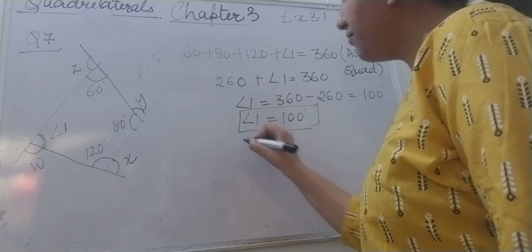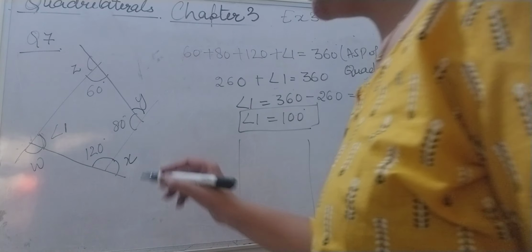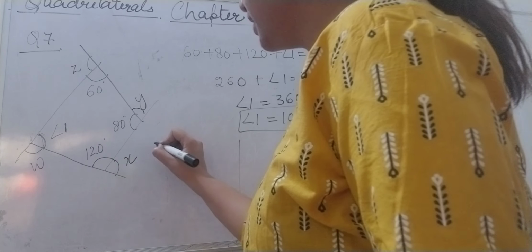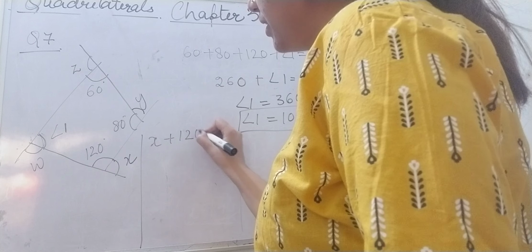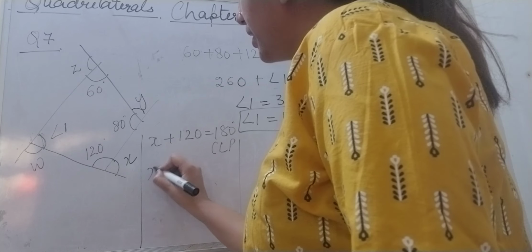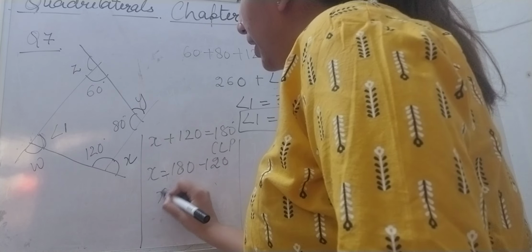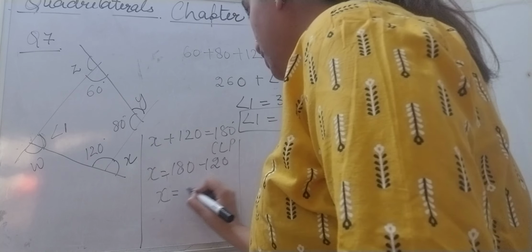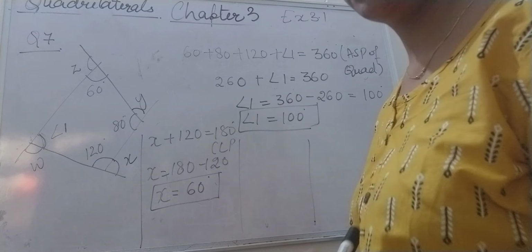Now let us start finding the values of x, y and z. First of all we start from x. x plus 120 equals 180. Again a linear pair. x equals 180 minus 120. x is equal to 60 degrees.